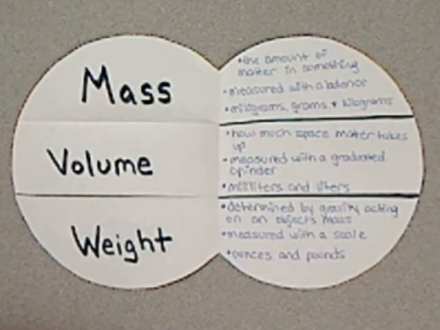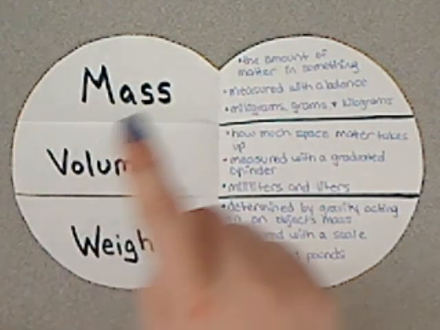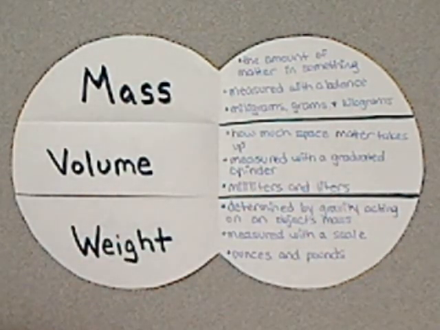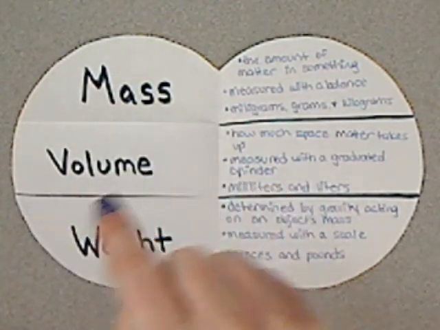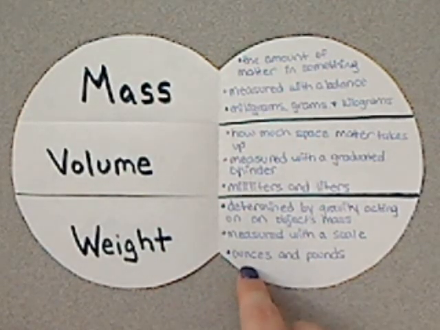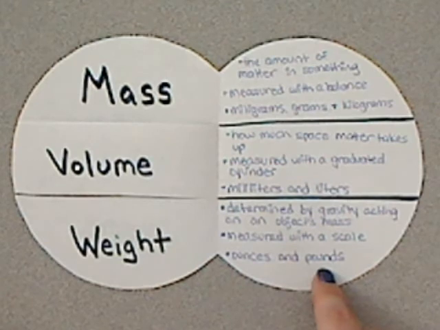Some of you have seen the tall ones like they use at the doctor's office that uses the beams and the riders, and they slide it back and forth to determine your weight. Others, you may be used to a digital scale that you step on it and the display pops up with your weight in digits. And most of the time, weight is measured in ounces and pounds.